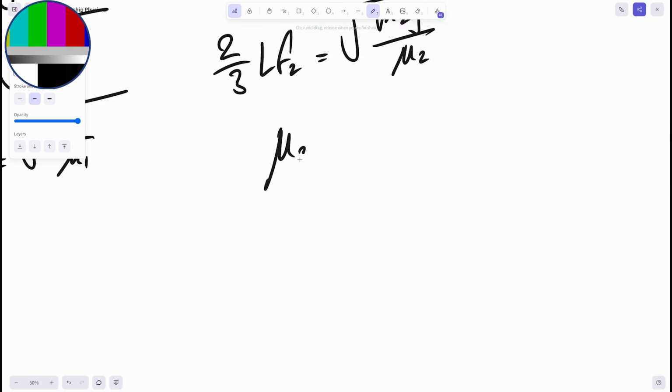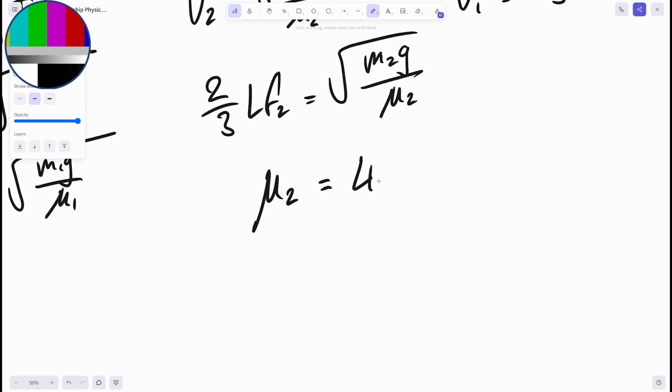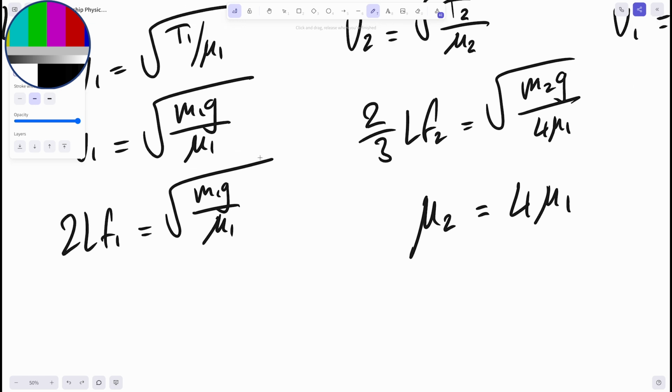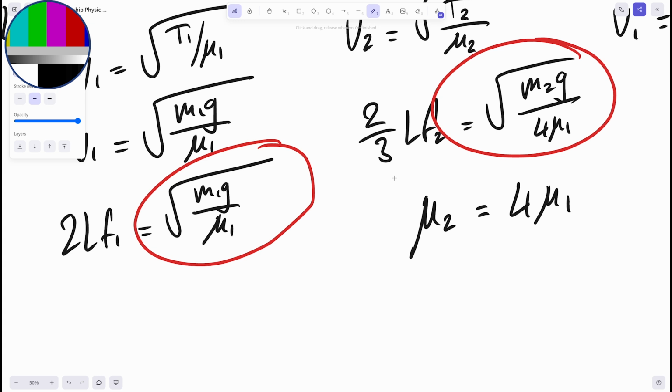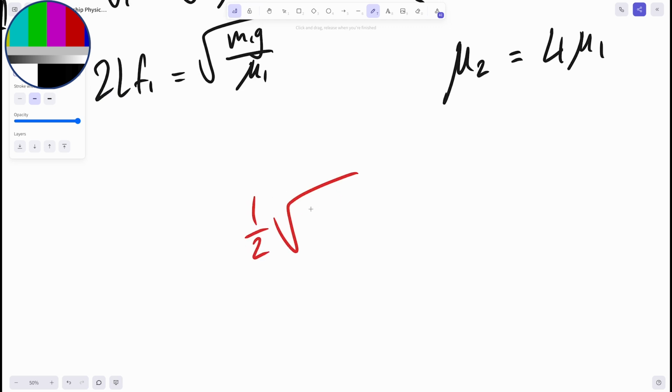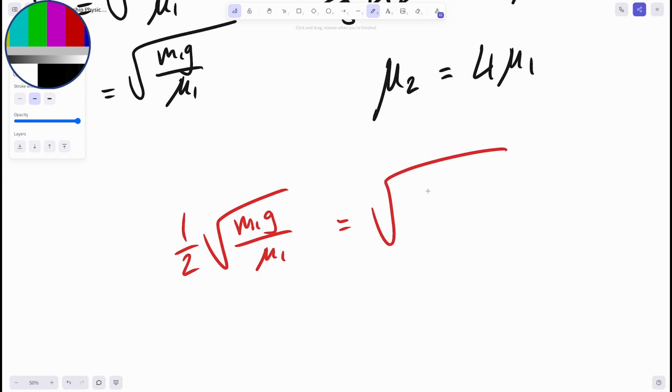And therefore the mass per unit length in figure 2 is 4 times the mass per unit length in figure 1. So we can replace this with 4 mu1. Now if we compare this right here to this right here, we can see that this is double this. So therefore half of the square root of m1g over mu1 is equal to the square root of m2g over 4 mu1.